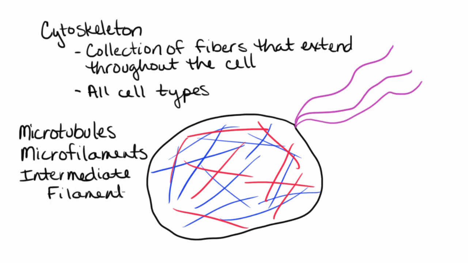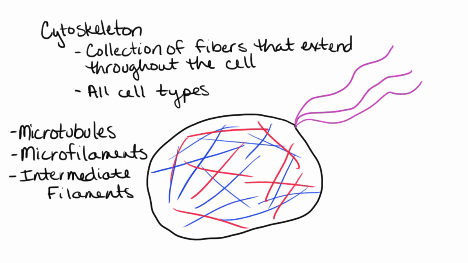And as far as the differences between these three that I've listed here, the specific protein that composes them is going to be a little bit different. Microtubules are made of a protein called tubulin. The microfilaments are made of a protein called actin. And then the intermediate filaments are going to be made of a different protein as well. And they do have a size difference to these, and the function of them inside of the cell is going to be a little bit different as well.